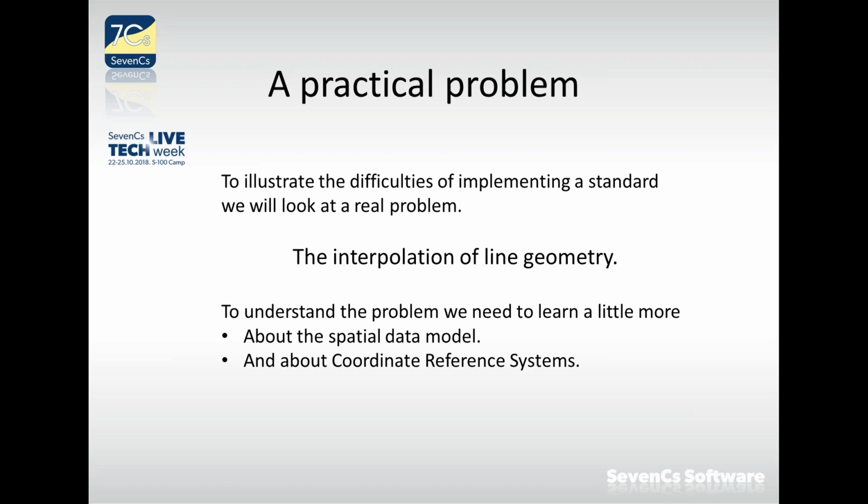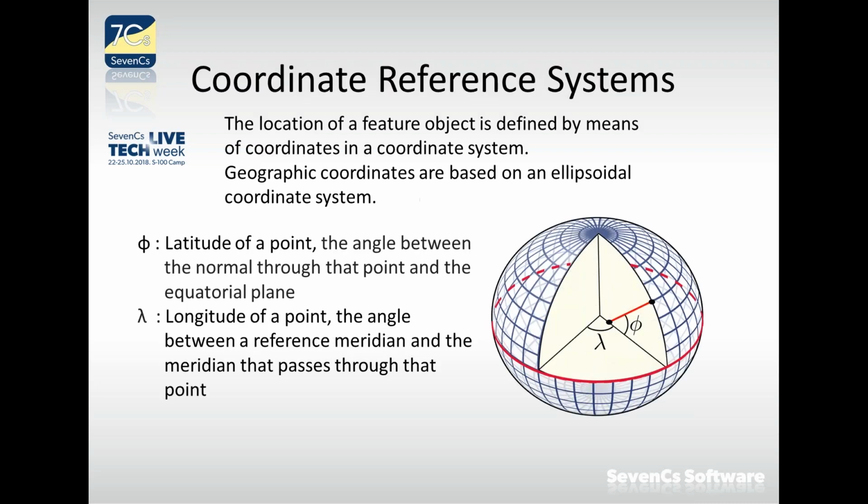You remember S-100 is called the Universal Hydrographic Data Model, and everything in this standard is about models. So we will see a small part of the spatial data model, and we will see we also have to talk about coordinate reference systems to understand the problem of line interpolation. Let's start with the coordinate reference system.